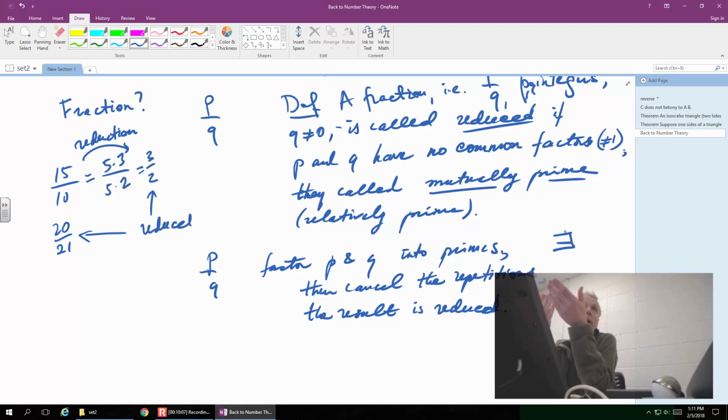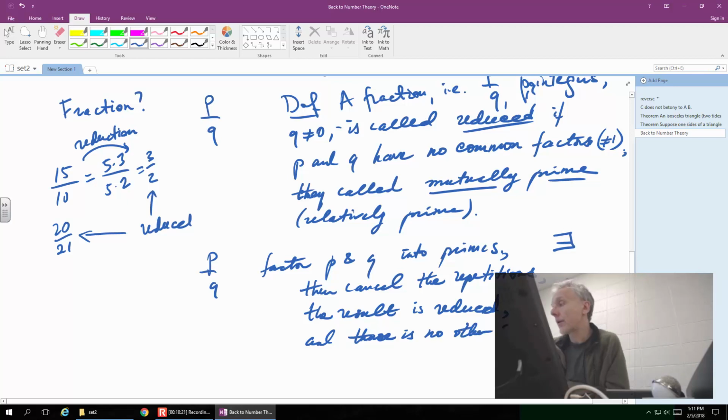So there's only one reduced fraction. There is no other reduced fraction equal to p over q.